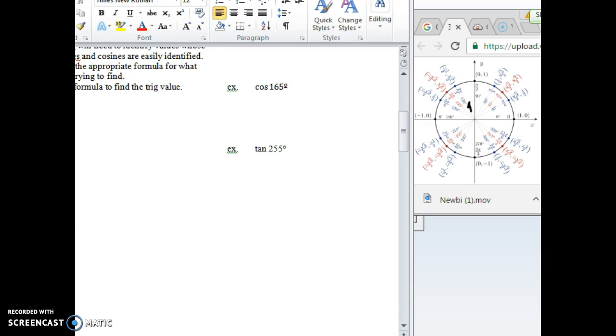255 is not an angle on my unit circle, so I need to find two values that will give me 255. And I'm going to do the tangent of 300 minus 45. Two ways that I could do this. The first thing, I could find the sine and the cosine and put them over one another, or I can use a tangent formula.